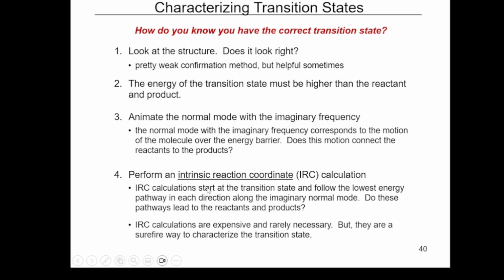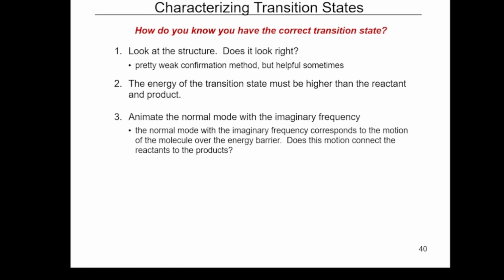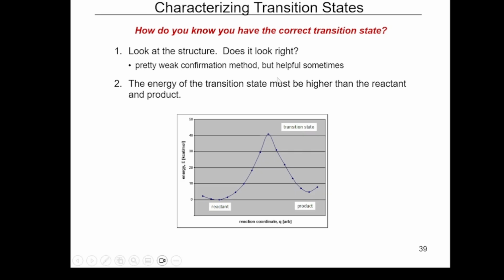Now in an IRC calculation, you start from the structure of the transition state and you follow the lowest energy trajectory or pathway in each direction along the imaginary normal mode. Now, do these pathways lead to the reactants and product? That is very confirmatory for the transition state. You start from this structure and you allow the system to relax on either side.